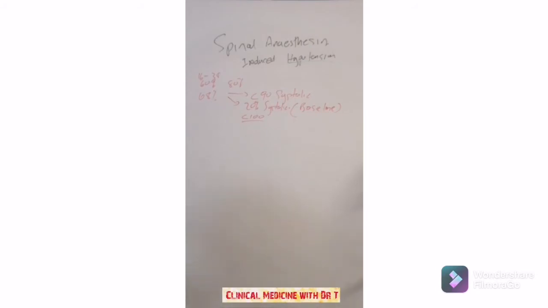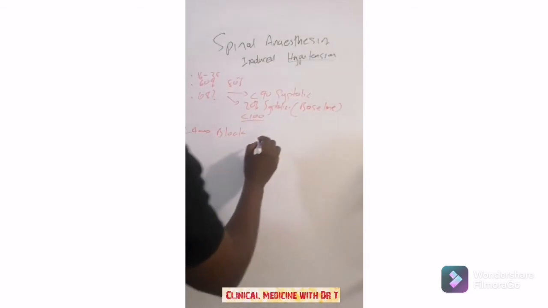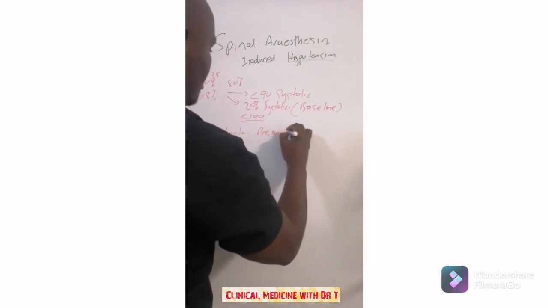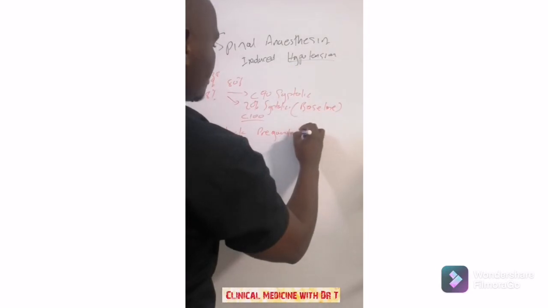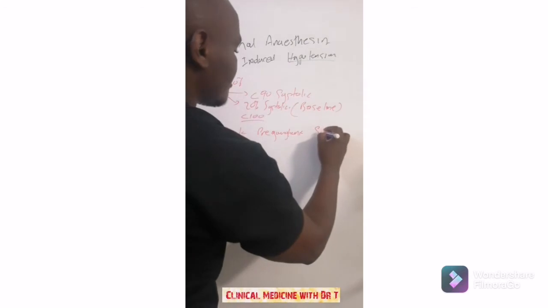Now, why do we get this complication? The reason is that the local anesthetics given during spinal anesthesia block the preganglionic sympathetic fibers.